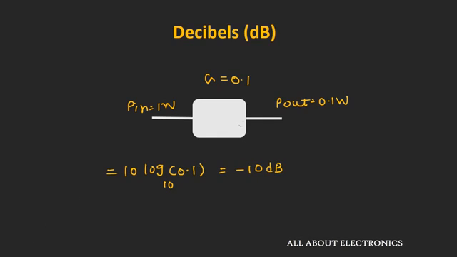Similarly, let us say if the system is providing me the gain of 0.5, then in decibels I can write it as 10 log of 0.5, and if you calculate it, you will get minus 3 dB. So we can say that whenever the output is 0.5 times the input, then the gain that is being provided by the system is minus 3 dB. Or in another way, we can say that the attenuation that is being provided by the system is 3 dB.